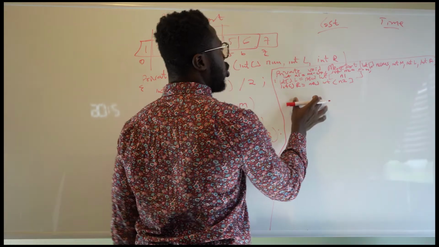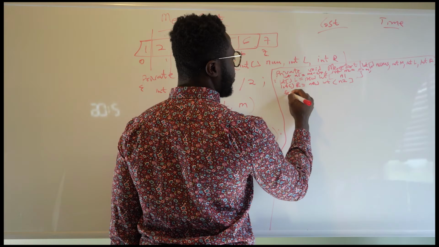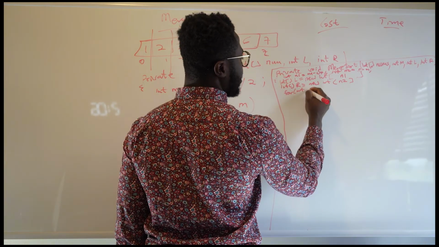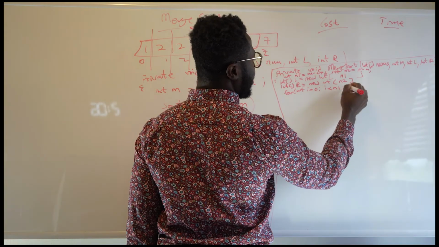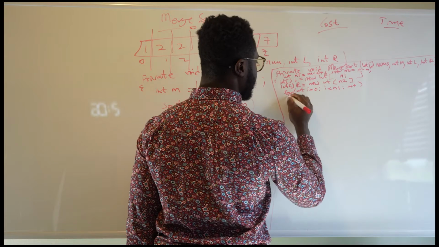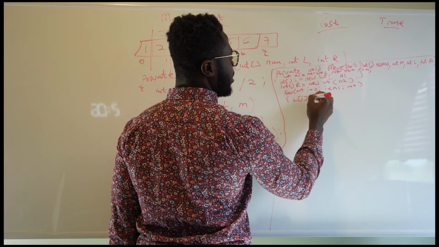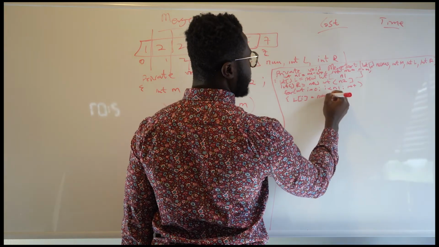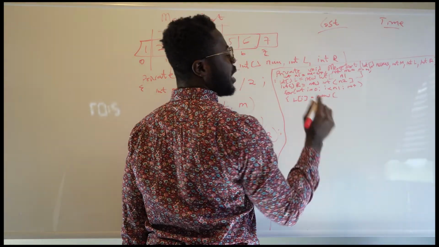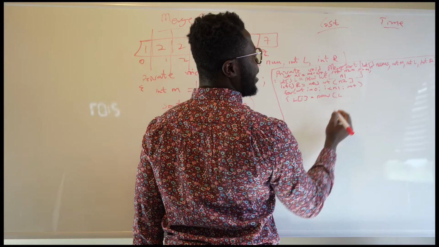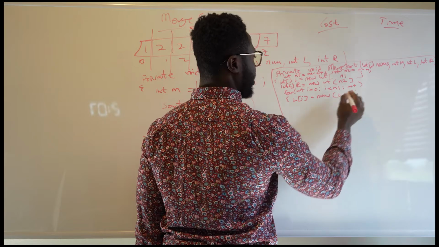Then we are just going to copy the arrays into left and right, where we can just have for int i equals 0, i is less than n1, i plus plus, then L[i] is equal to nums at l plus i. Then we close it.